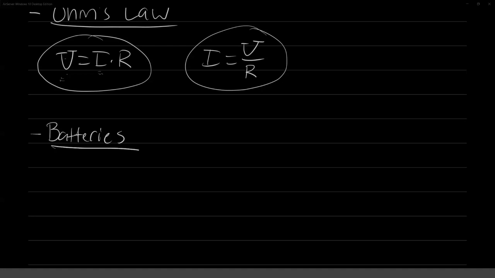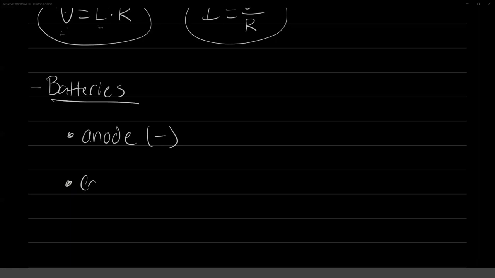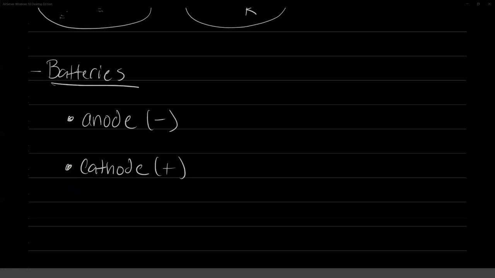But I think the main three parts that might come up on the test and that we should focus on are knowing that there's an anode, which is the negatively charged side, a cathode, which is the positively charged side, and then an electrolyte, or in chemistry we called it a salt bridge, right?